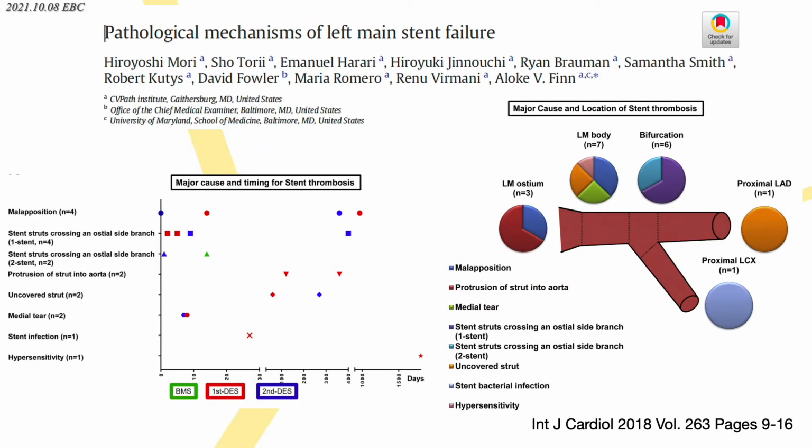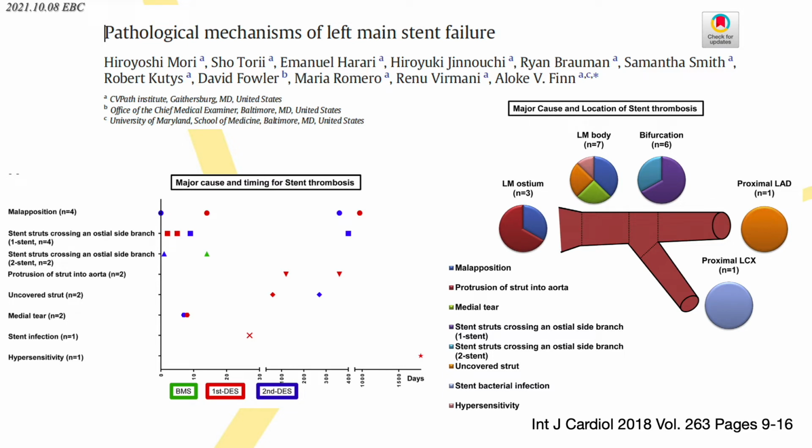The pathological findings reported by Dr. Mori and Professor Virmani in 2018 showed us a very impressive answer. Thrombosis in stent implanted left main shaft and left main bifurcation is extremely infrequent.